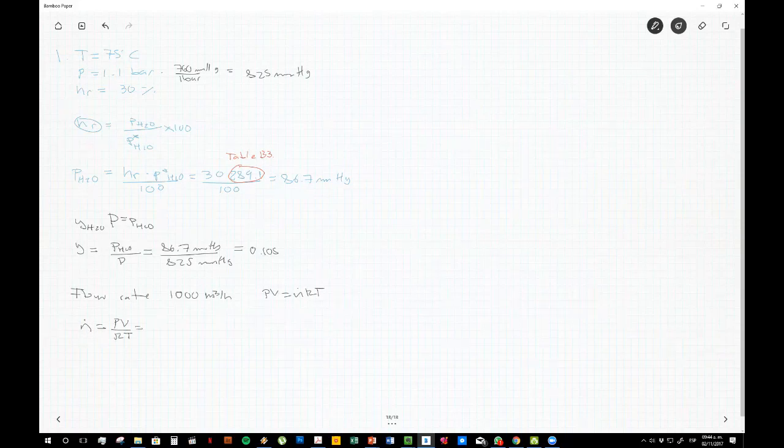We have all the conditions: T, V, P, and R. So we substitute the data: 1,000 cubic meters per hour times the pressure, 1.1 bar.